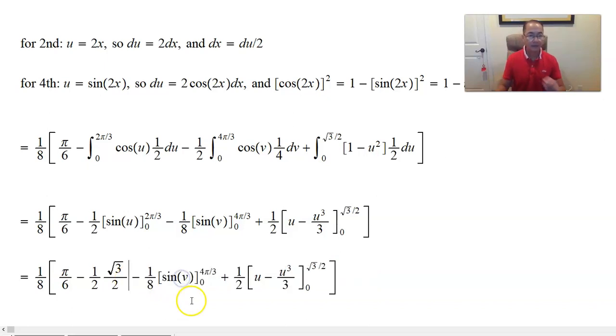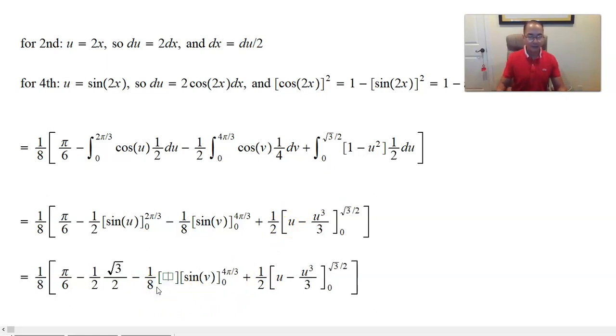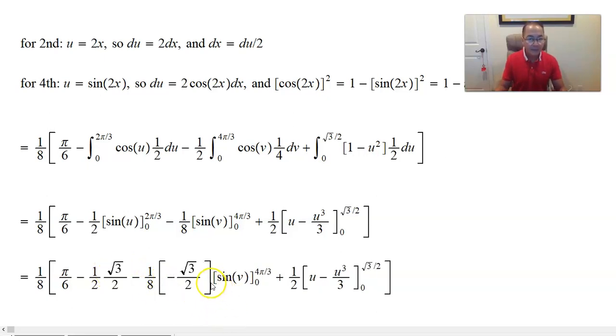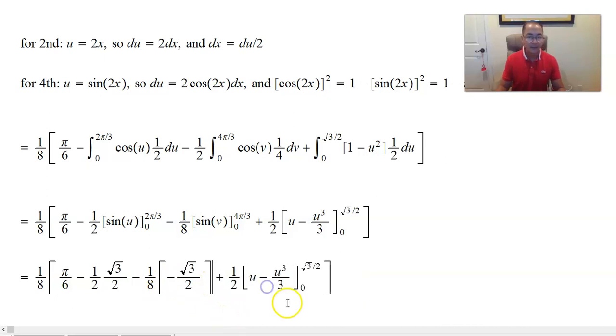So that takes care of our first term. But wait, there's more. Now we have sine of 4 pi over 3. We're now in the third quadrant. And sine is now negative in the third quadrant. So we have negative radical 3 over 2. So that takes care of this.